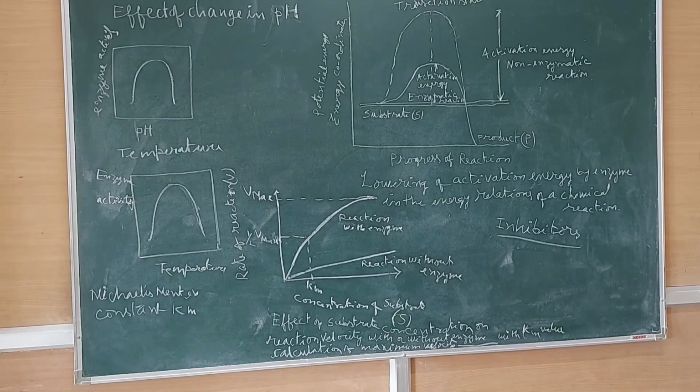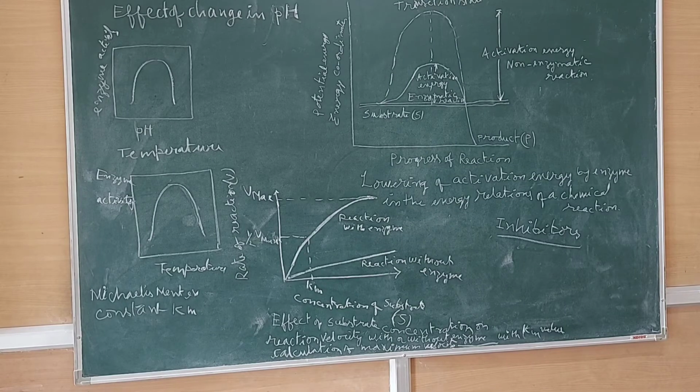They are called inhibitors. What are inhibitors? Inhibitors are the chemicals that bind to the enzymes.